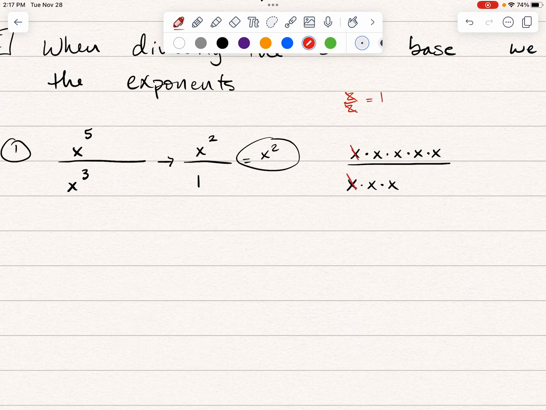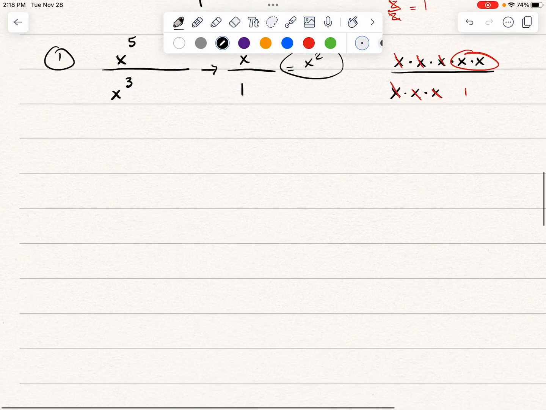So our x's can cancel. I have 3 x's total that can cancel. We're just left with a 1 in the bottom, and we have x squared left in the top. And so for that reason, we have our quotient rule, which says that we can subtract those exponents when we are dividing by the same base.